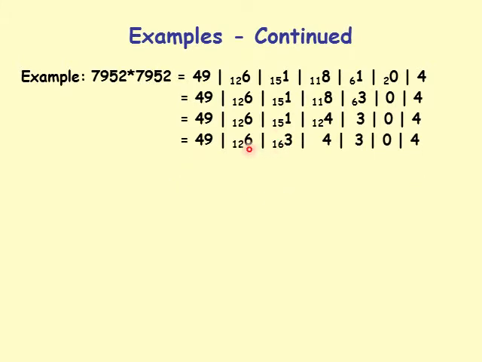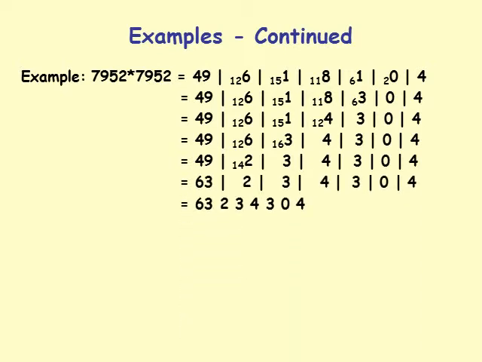Now 16 gets carried to the left, so 126 becomes 142. Now 14 gets carried to the left, 49 becomes 63. So the answer is 63,234,304. 7952 squared is 63,234,304.